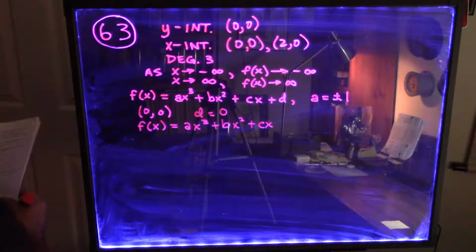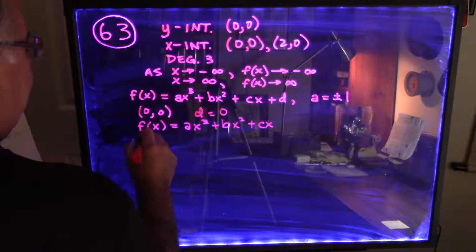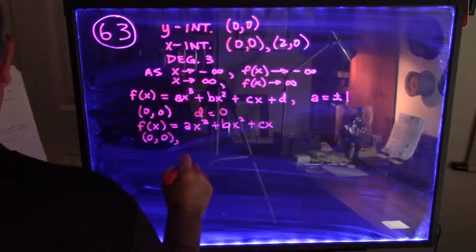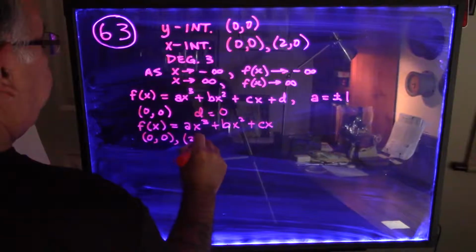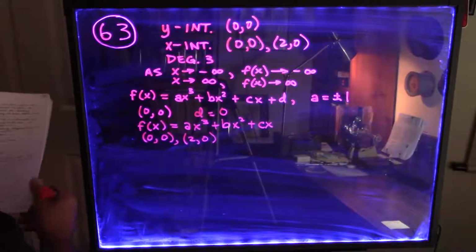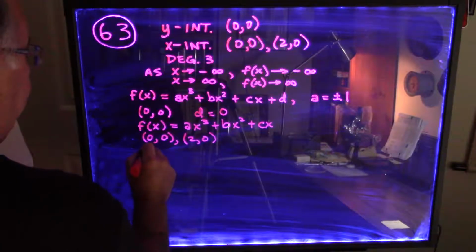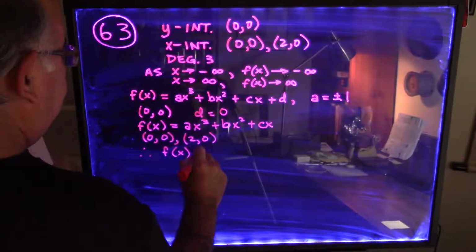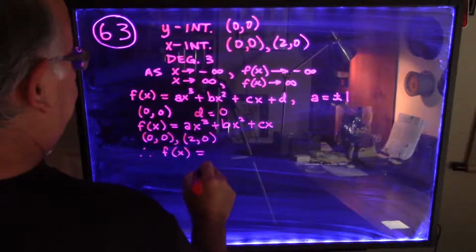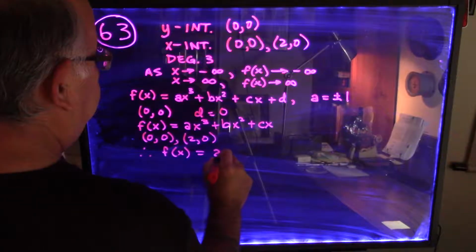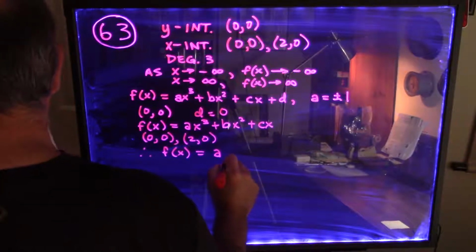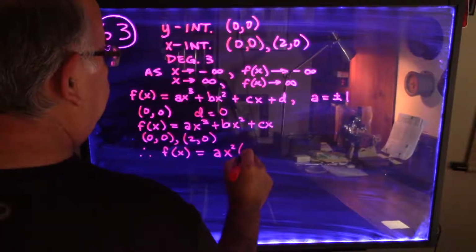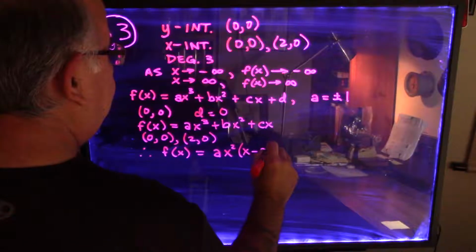Now use the x-intercepts. We have (0, 0) and (2, 0). So therefore f of x must look like this: you've got the leading coefficient a, and then you can have x squared times x minus 2.